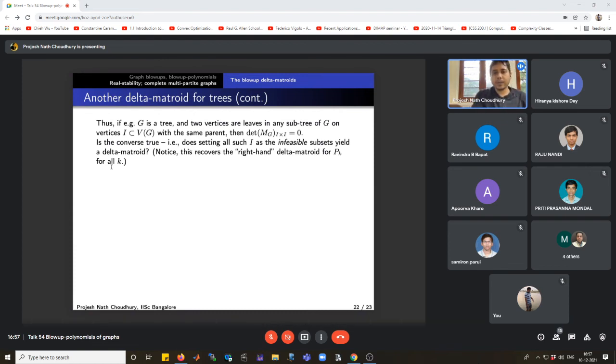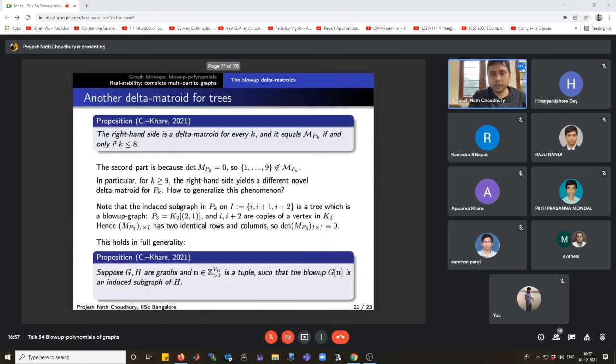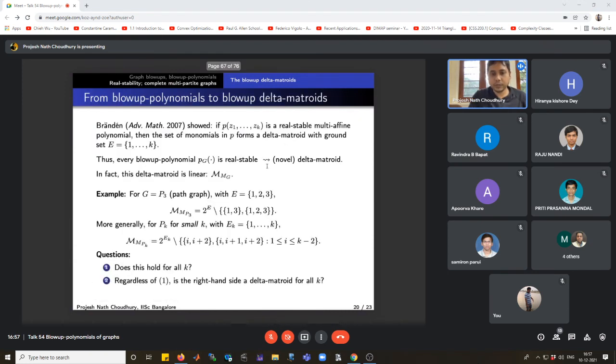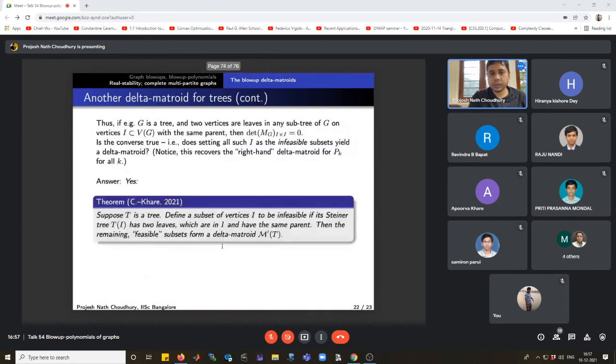Now one can ask, if we set all such I as infeasible subsets, does it give a delta matroid? You can note that this recovers the right hand side of this delta matroid. And the answer turned out to be yes, and here is our final result.